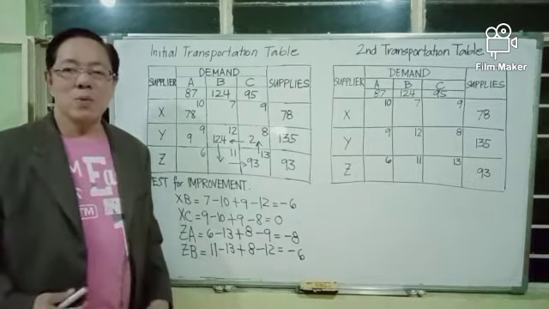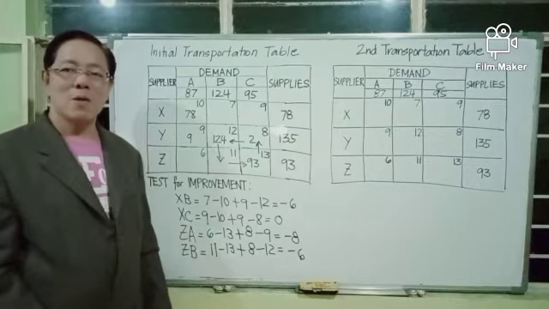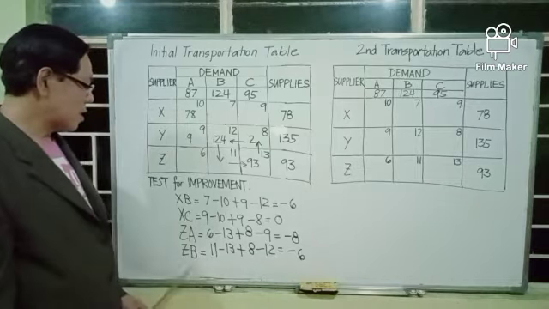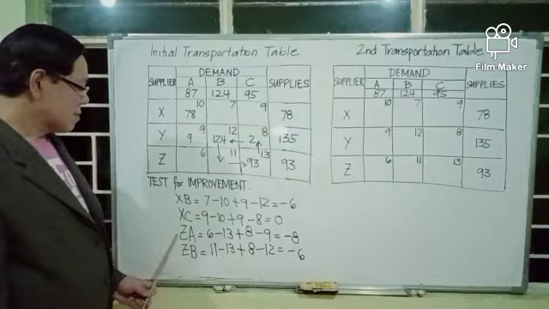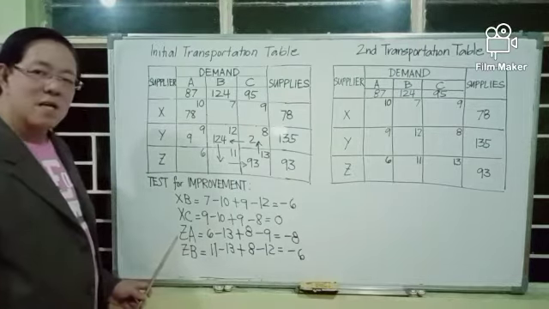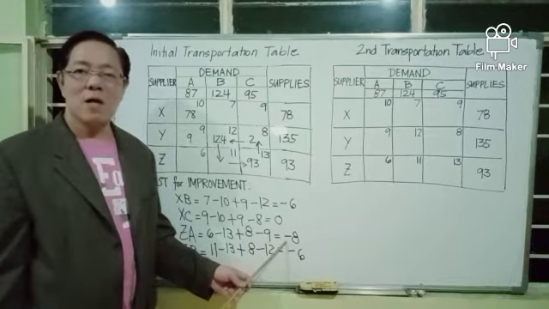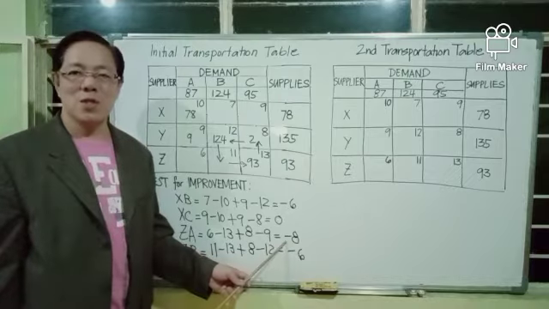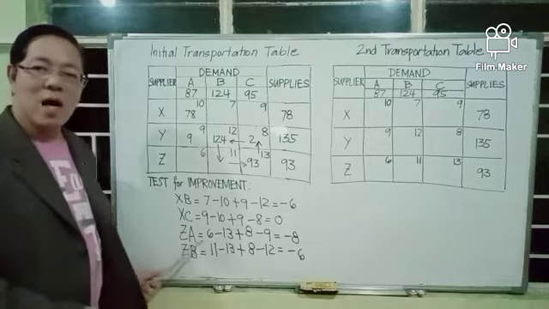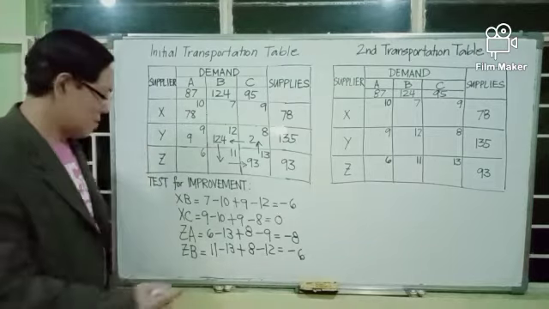But we want to maximize the decrease in transportation cost so we can minimize the total transportation cost. Therefore, it is best to transfer some units to the vacant cell ZA where we would get the largest decrease in total transportation cost of 8 pesos per unit. And I will highlight this by using a rectangular box.